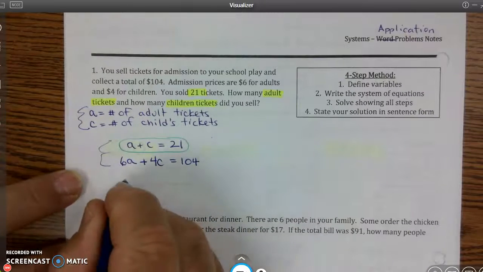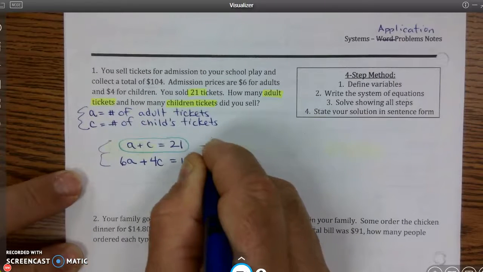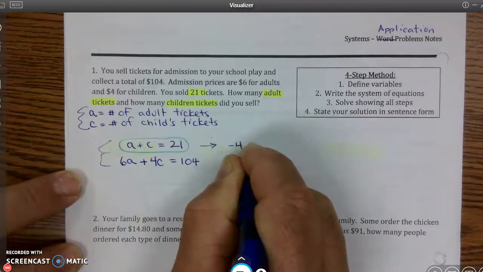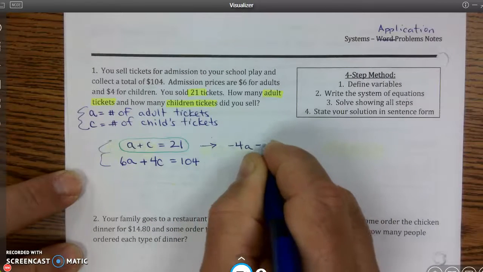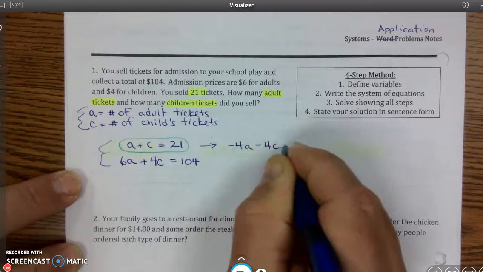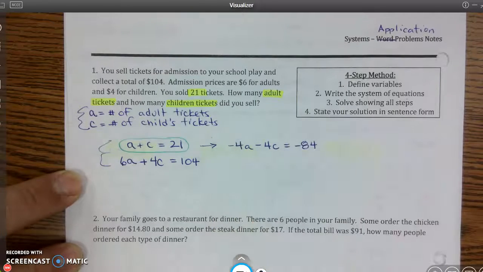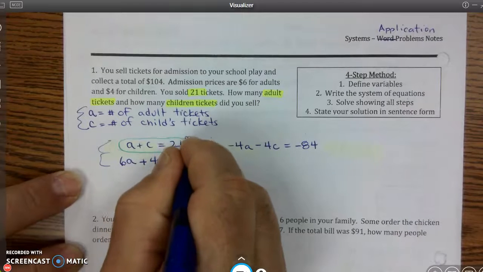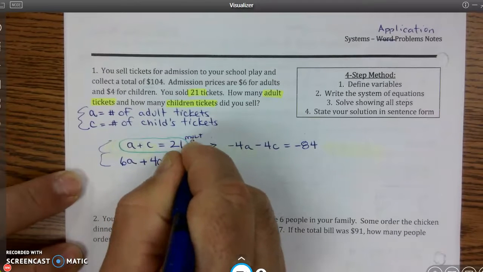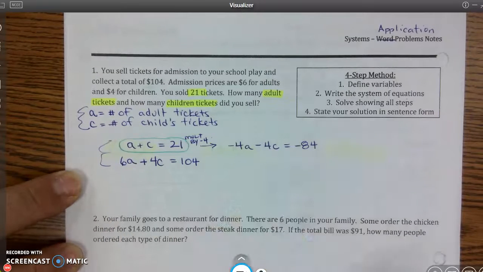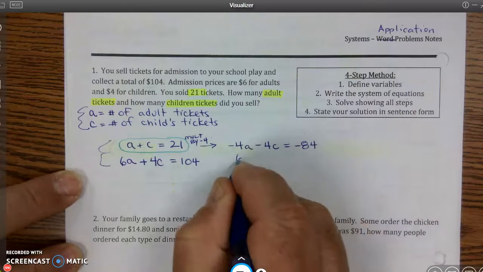So 4 is a smaller number, so -4A minus 4C equals -84. So I just multiplied this whole equation right here by -4. Why did I choose -4? Well, you're about to see.